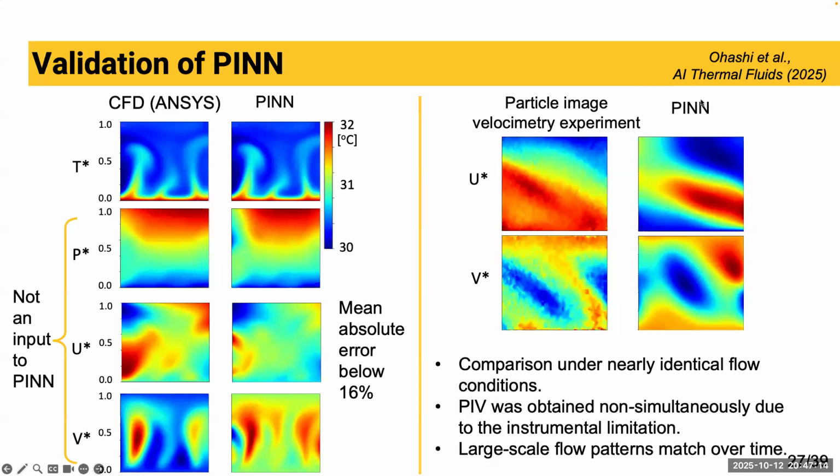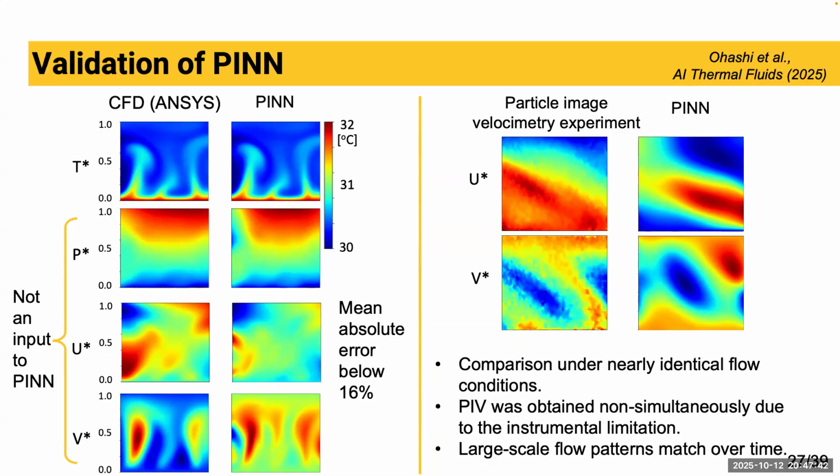We also compared our PIN result with a particle image velocimetry experiment. Unfortunately, we were not able to measure these velocities simultaneously with the temperature data, so it was a separate, non-simultaneous measurement. But of course, the flow system and all the flow conditions are exactly the same.